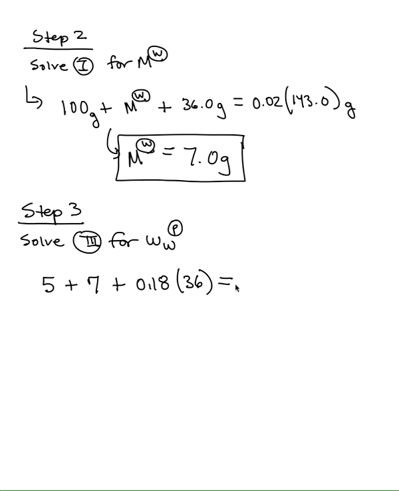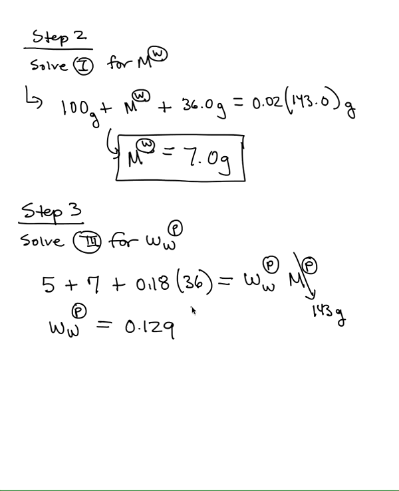And that is going to equal the mass of water in stream P, which we could write as the mass fraction of water in stream P times the mass of P, but we already know that is 143 grams. So we can solve for the mass fraction of water in stream P from these equations, and that's going to equal 0.129.